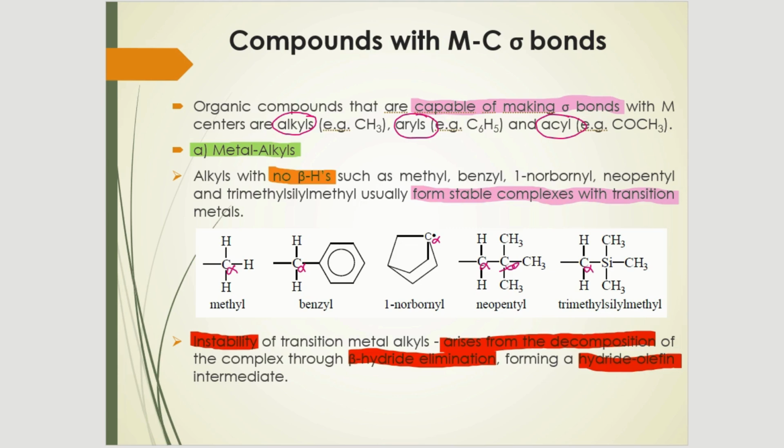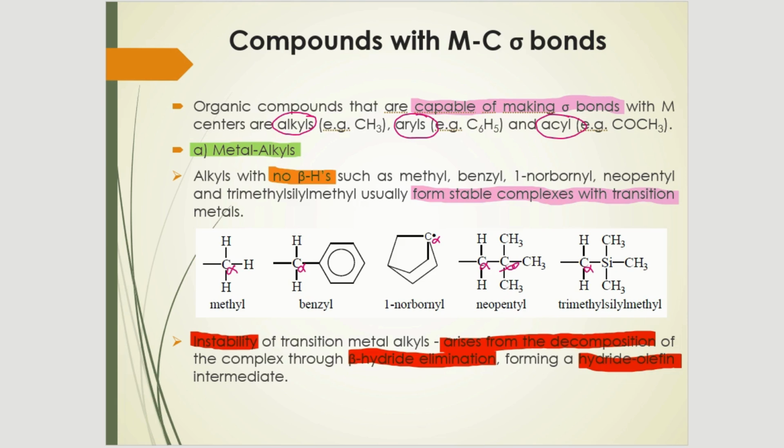like methyl, okay, the methyl structure, and another example is neopentyl. They do not have hydrogen beta. Of course, the methyl group doesn't have a carbon beta, but the neopentyl does. But as you can see, all the carbon beta are attached to carbon, not hydrogen.